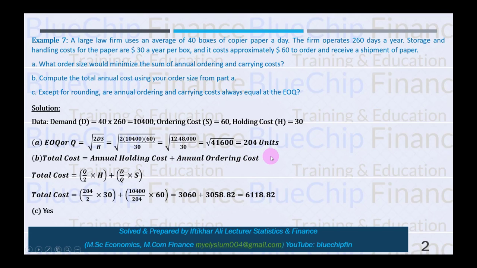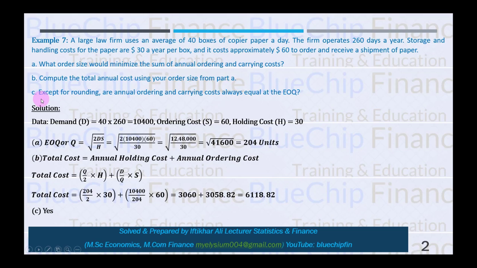If other cost is not given, then total cost equals economic order quantity divided by 2 multiplied by H, plus demand divided by economic order quantity multiplied by S. So Q is 204. 204 divided by 2 multiplied by H, which is 30, plus D, 10,400, divided by Q, which is 204, multiplied by 60. That is 3060 plus 3058.82, which equals 6118.82. So that is your total cost.